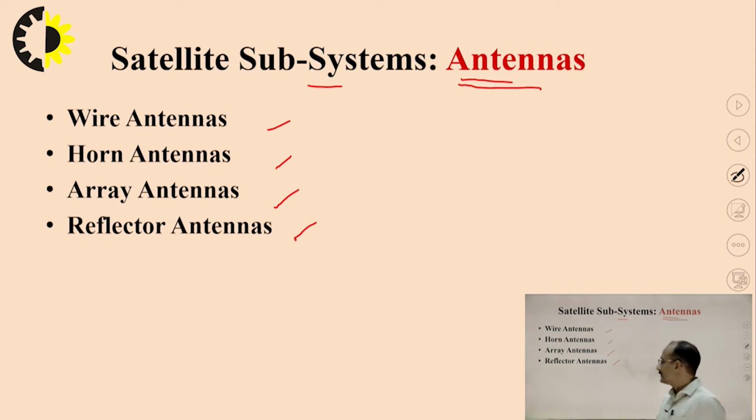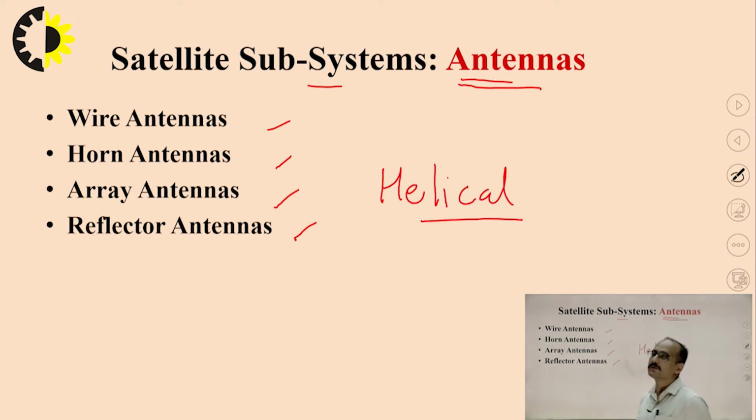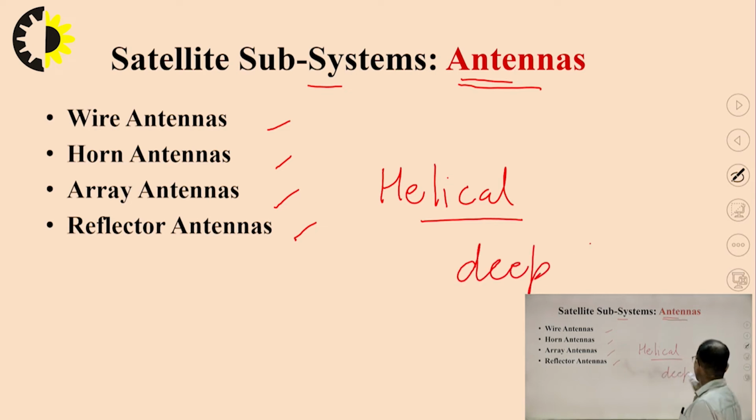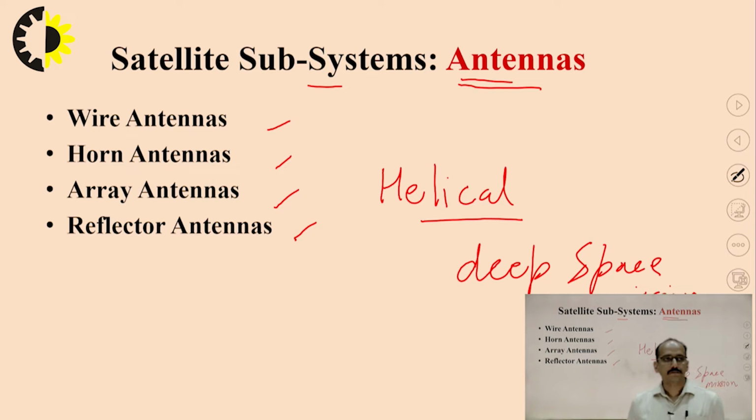Other than these, one more antenna, the helical antenna, is also used for the communication part, but this helical antenna is mainly used for deep space missions. Every satellite has these wire, horn, array and reflector antennas.